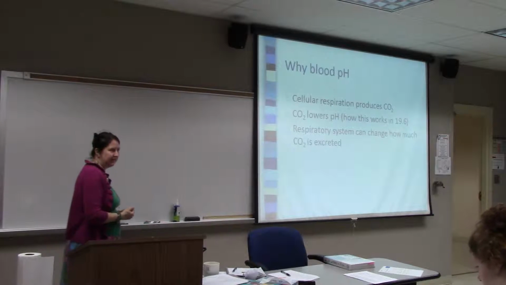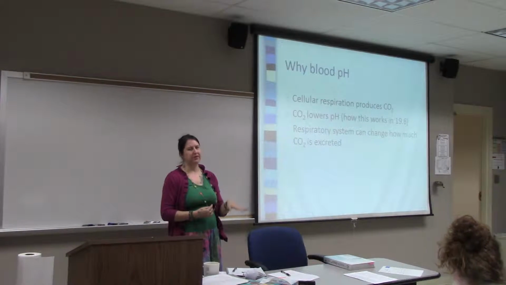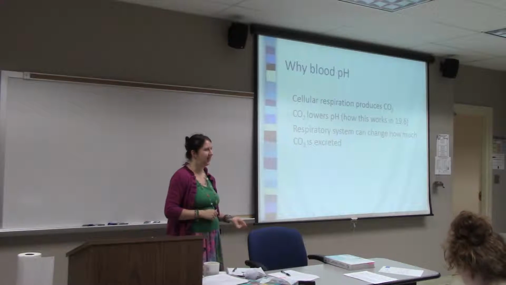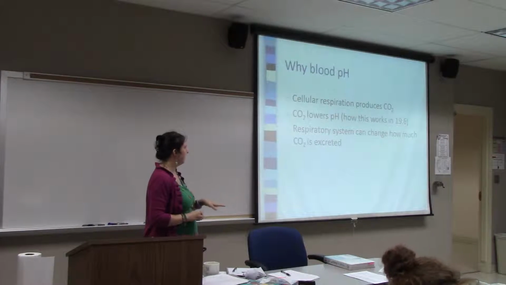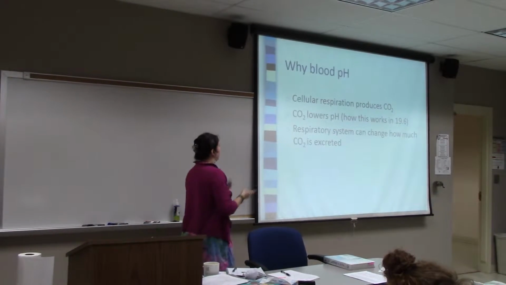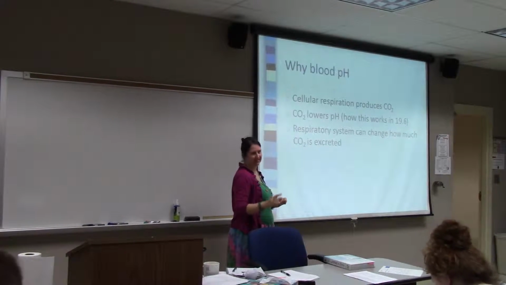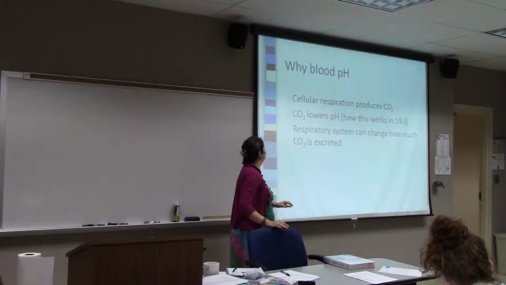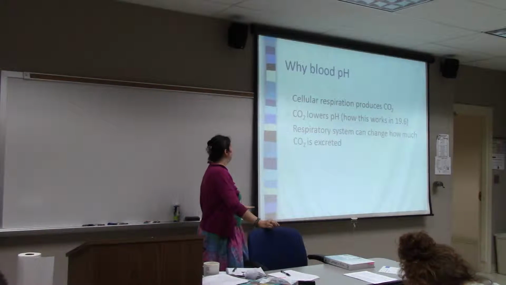Now, the respiratory effects on blood pH, we're going to go into in more detail in chapter 21. And at the end of this chapter, we're going to look at how pH is altered here. So, the cellular respiration produces the CO2.